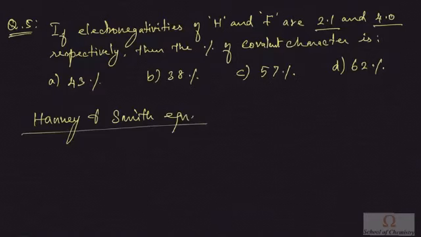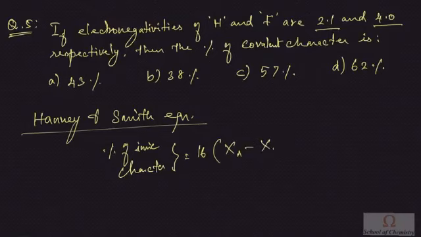It is the percentage of ionic character is 16 into electronegativity difference between A and B plus 3.5 into electronegativity difference square.